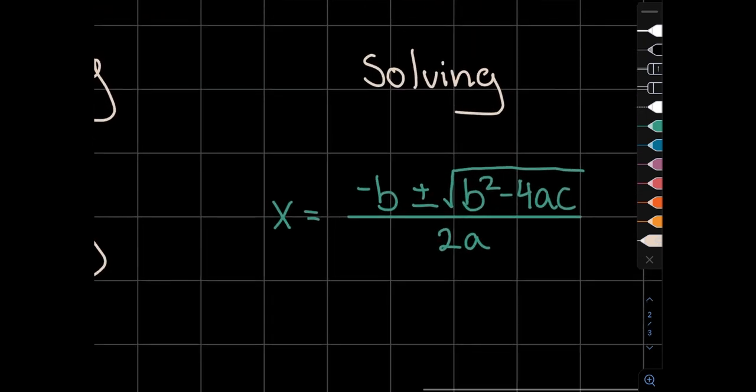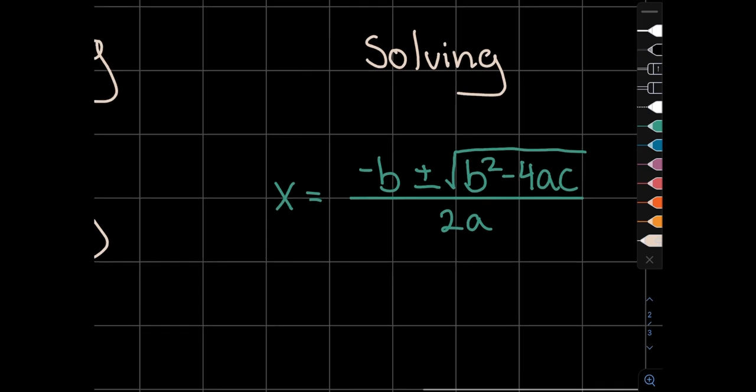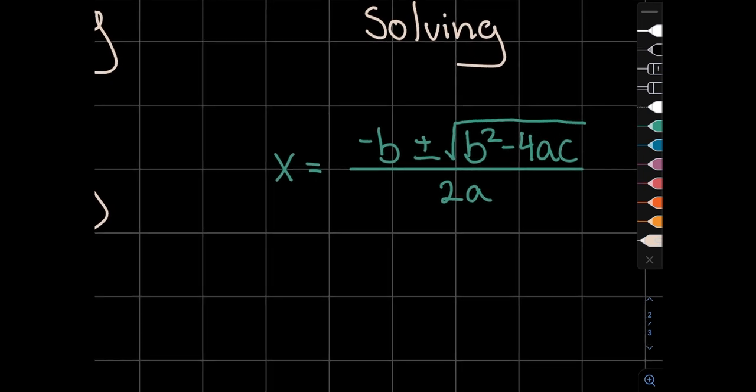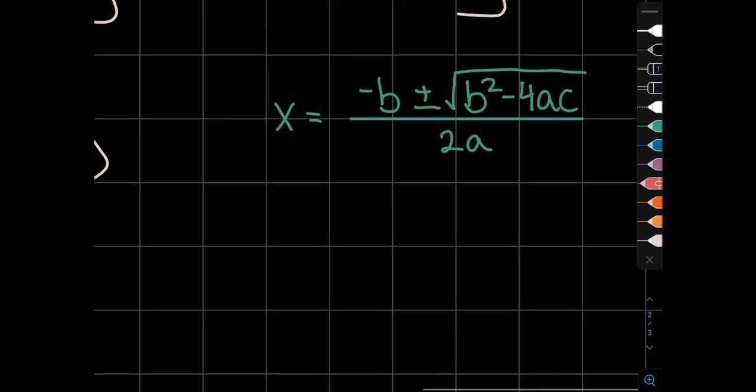So next we're going to talk about solving quadratic equations. Now, I don't think I have to really go over this because I'm sure a lot of you have heard of the quadratic formula, or are at least a little bit familiar with it, or maybe some of you have memorized it. The quadratic formula is just based off of your ax squared plus bx plus c equation.